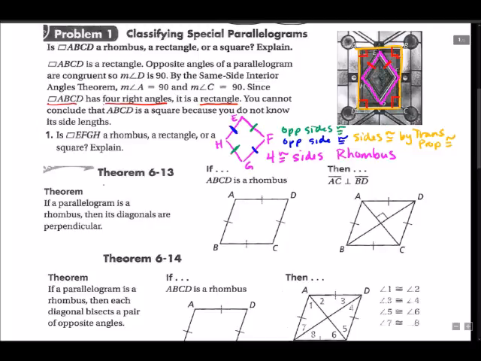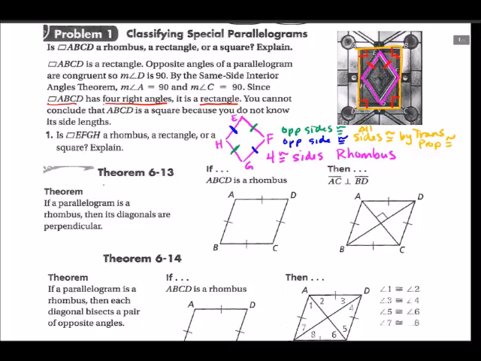And then I can say my other two opposite sides are congruent. And so I can make all sides congruent, by the transitive property of congruence. If you know these are congruent and these are congruent, then everybody's congruent. So I have a parallelogram with 4 congruent sides. That is a rhombus.